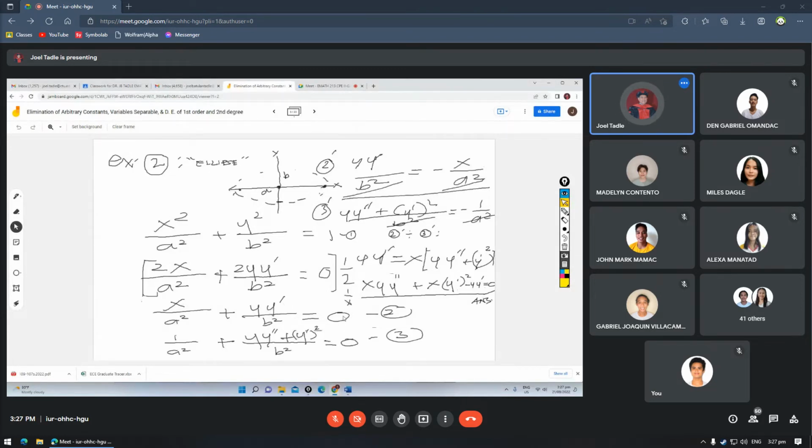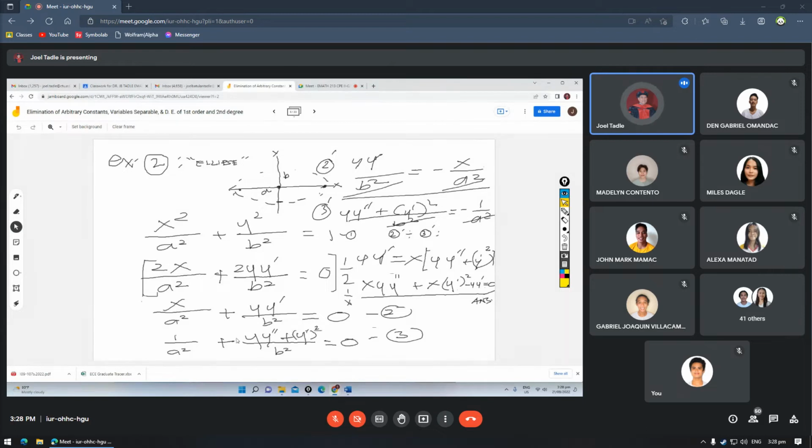Then differentiate again. The derivative of x over a squared is 1 over a squared, plus the derivative of y y prime over b squared, which is y double prime plus y prime squared over b squared, equals the derivative of 0, which is 0.